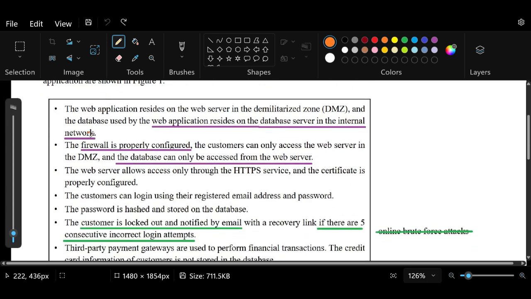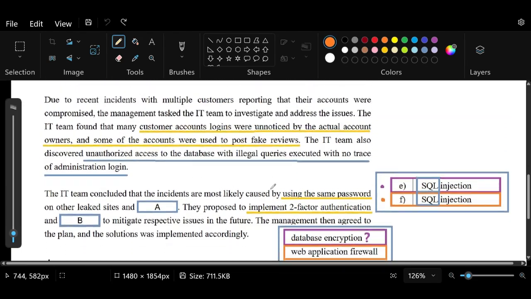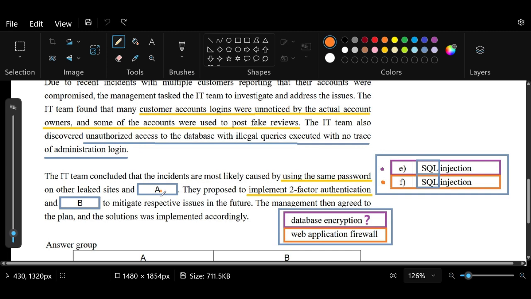I think that before we go through each one, we should look at the main question that we are supposed to answer, as well as the answer group. Here we have the blanks. We got two blanks, A and B, and it looks like the IT team has found that the incidents are most likely caused by using the same password on other leaked sites and blank, and they propose to implement two-factor authentication and blank to mitigate respective issues in the future.